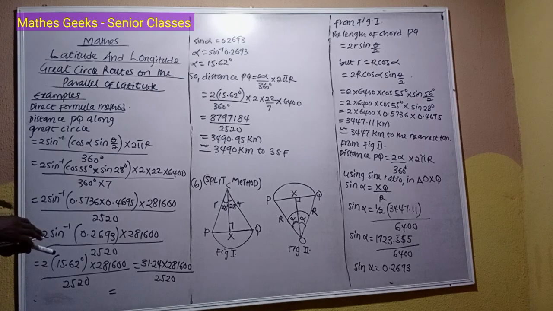2 times 15.62 is equal to 31.24 times 281,600 divided by 2520.